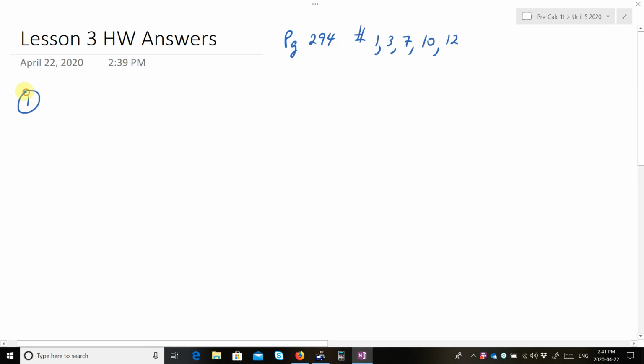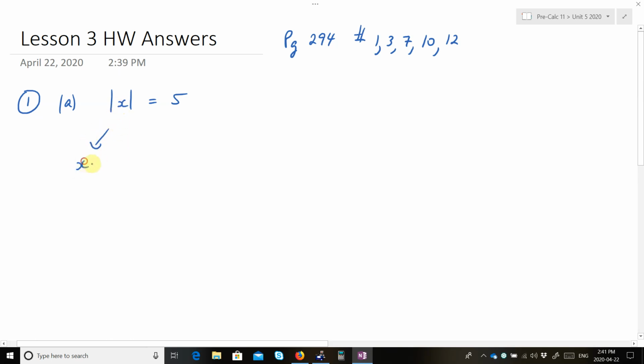Alright, so starting with number 1, I'm going to do alternate letters here for starters. Number 1 says solve for x, and A says the absolute value of x is equal to 5. We know that there's two equations that can come out of here.